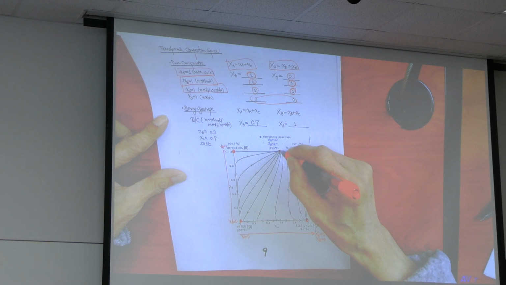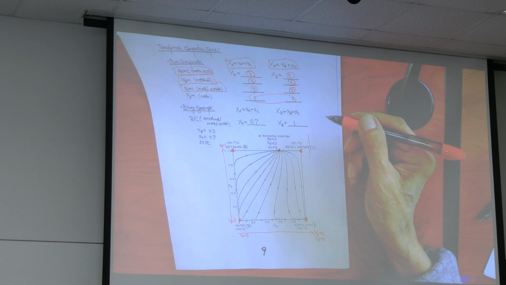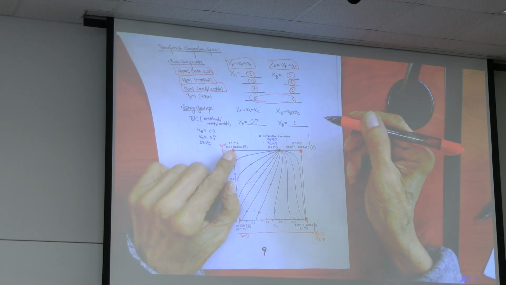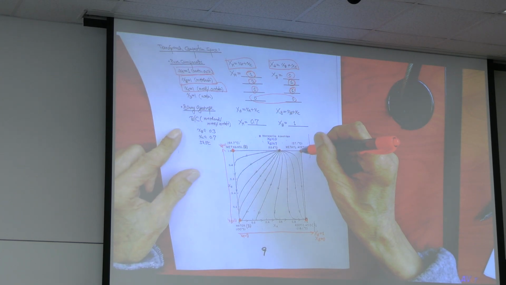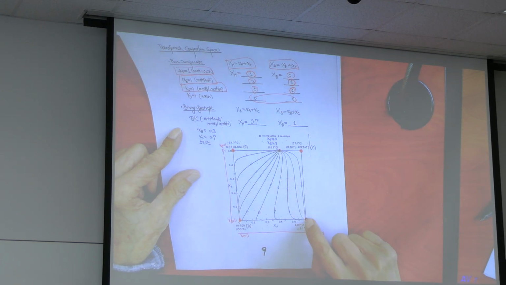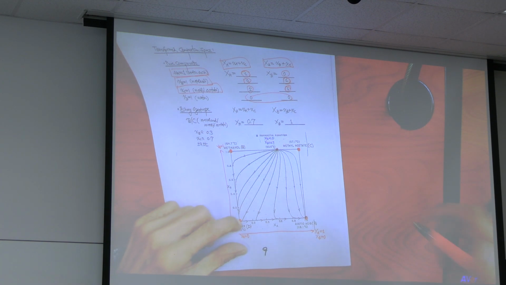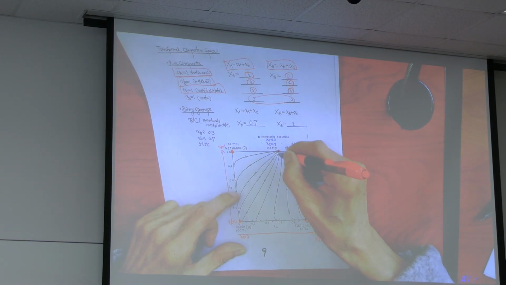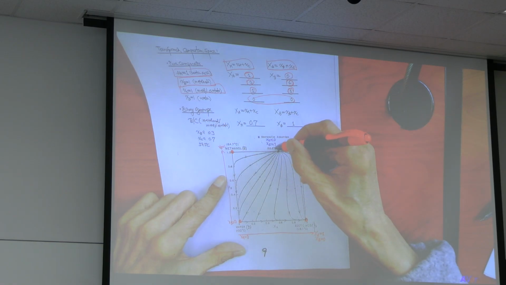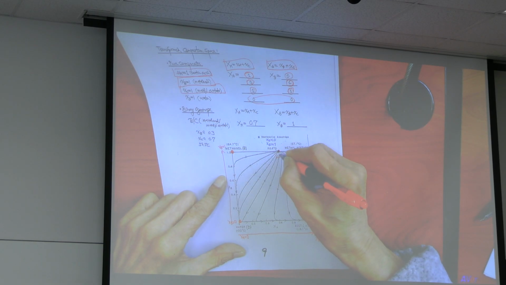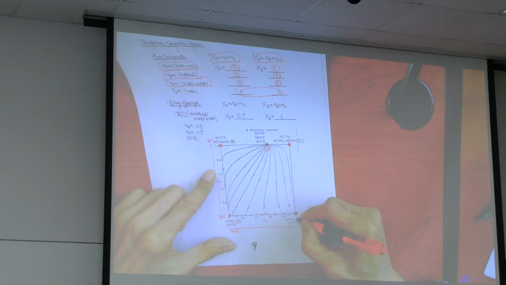So, in this diagram, we have azeotrope between reactant and product. This is high boiling species. So, when you draw residue curve, 53.5, low boiling, 118.1, highest boiling.